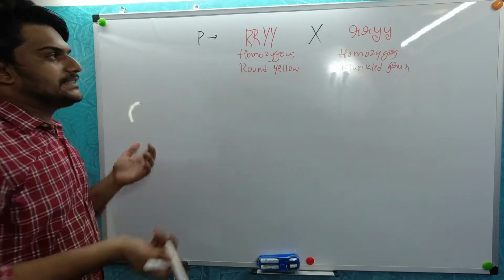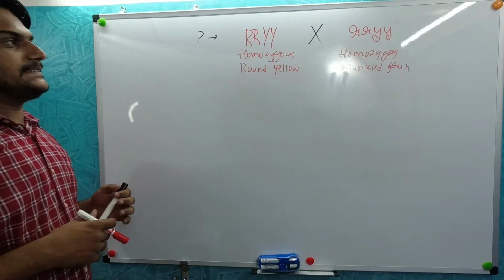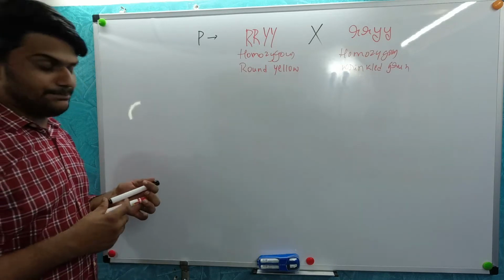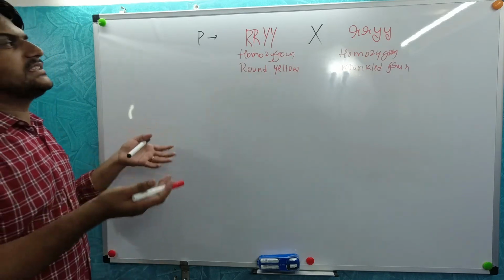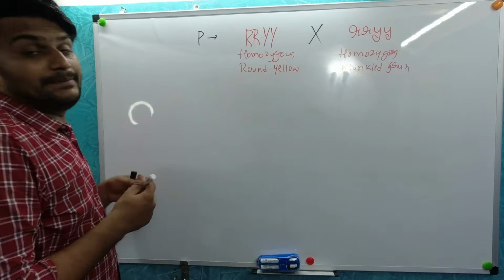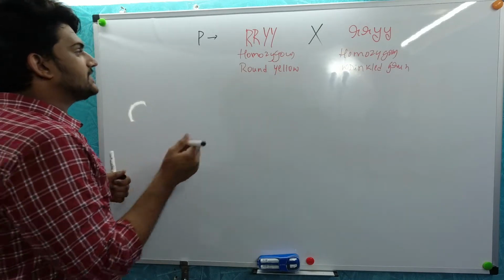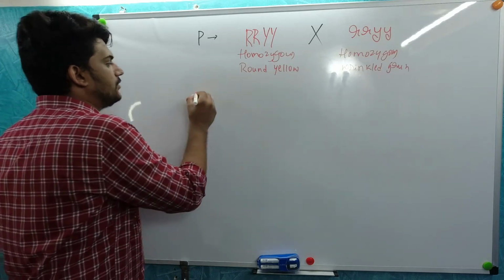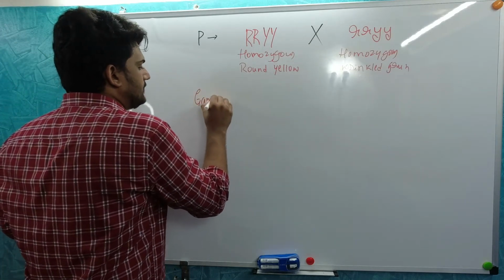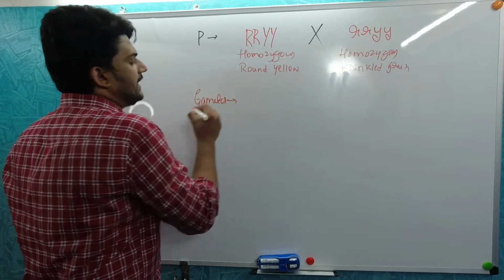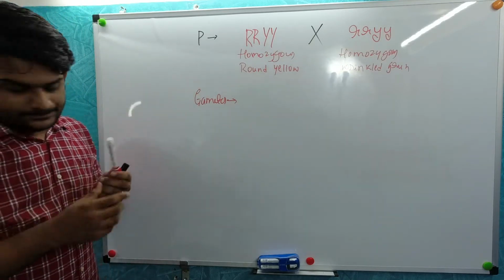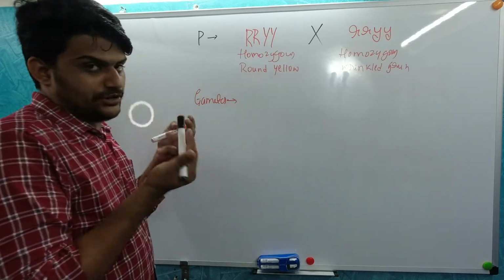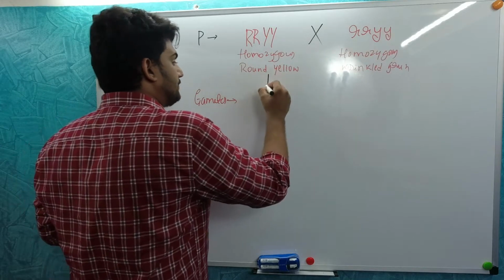Before crossing, there should be a generation of gametes. The gametes came out after the process of meiosis, remember that.